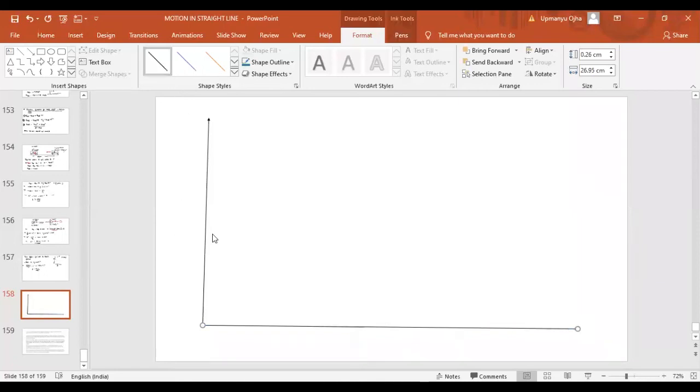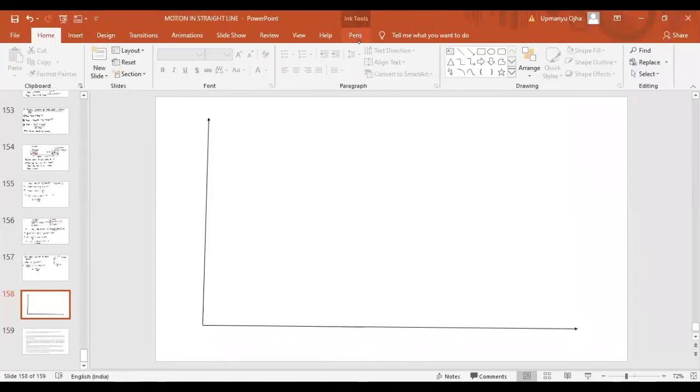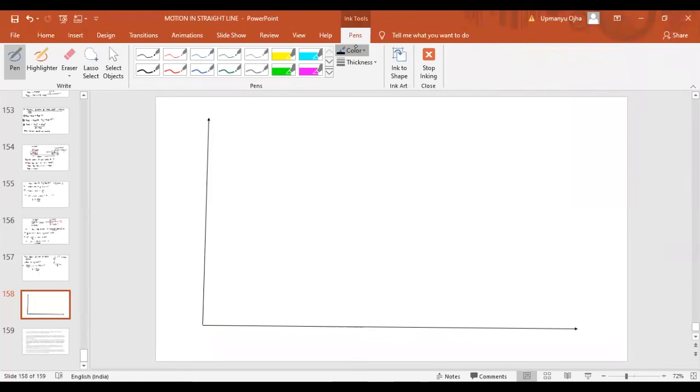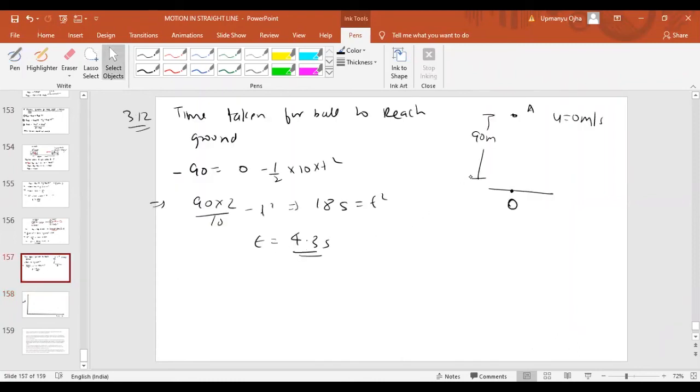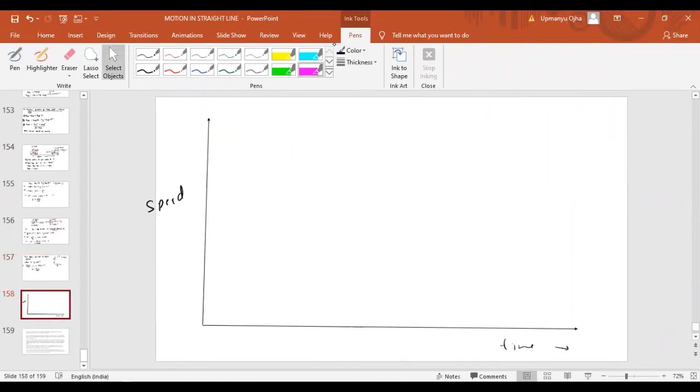From 0 to 4.3 seconds, its speed is increasing.